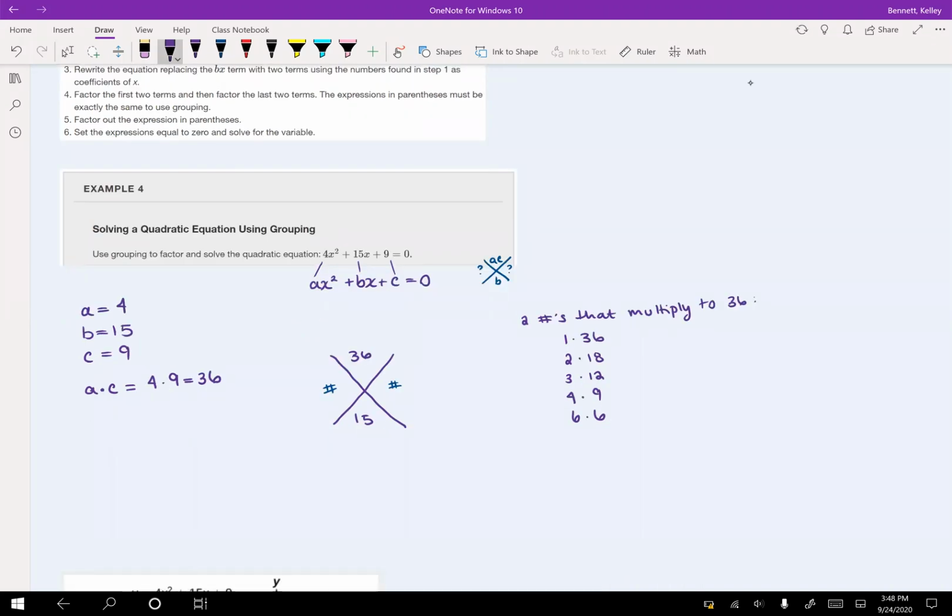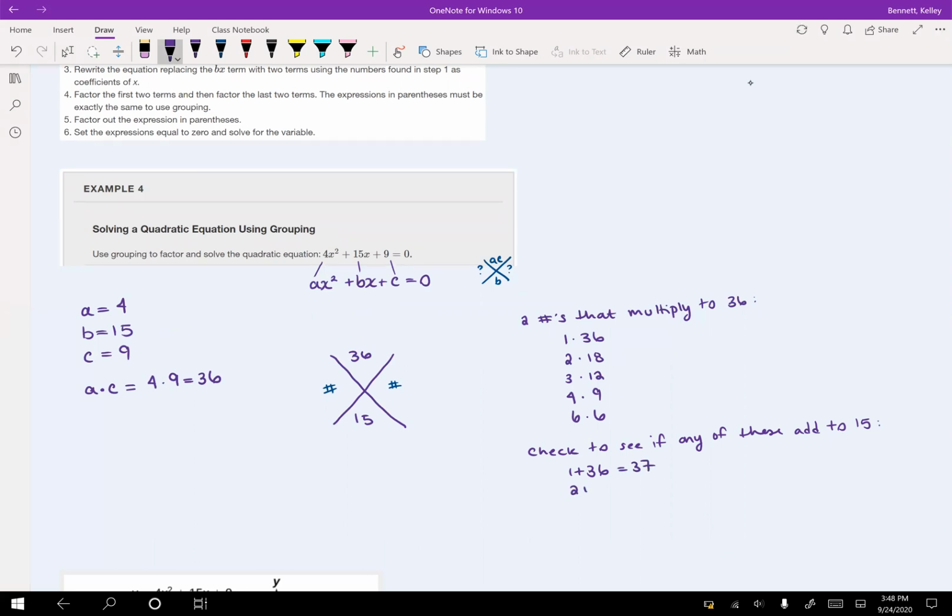And now from those, I want to check to see if any of them add up to 15. So 1 plus 36 equals 37, so that's not it.